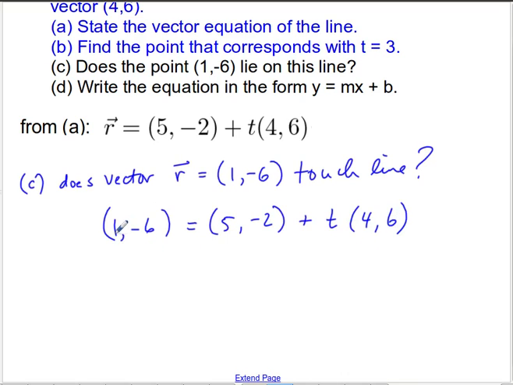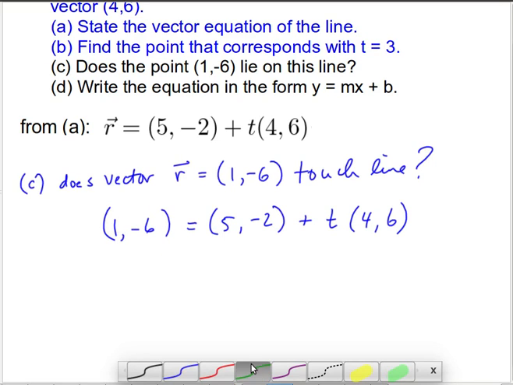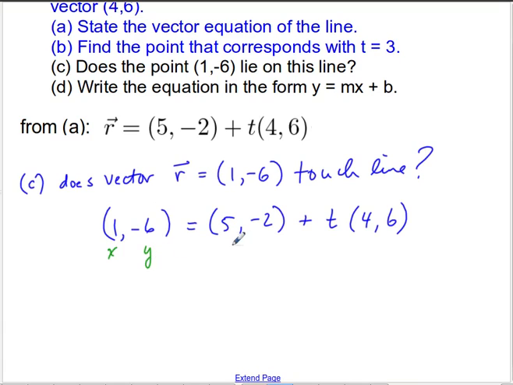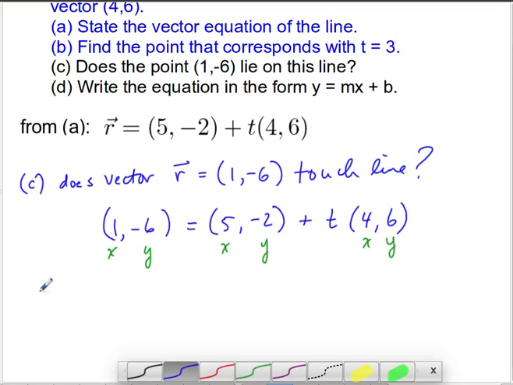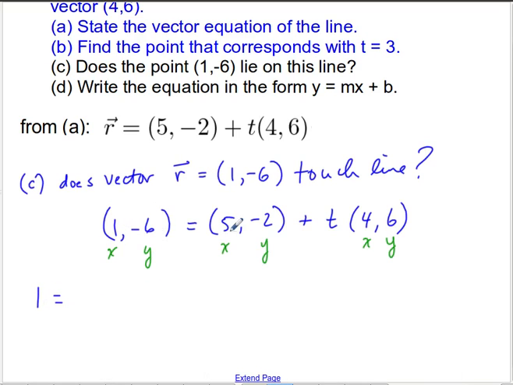The best way to solve this equation is to break it out into its x and y components. So I get 1 is equal to 5 plus 4t, and I get negative 6 is equal to negative 2 plus 6t.